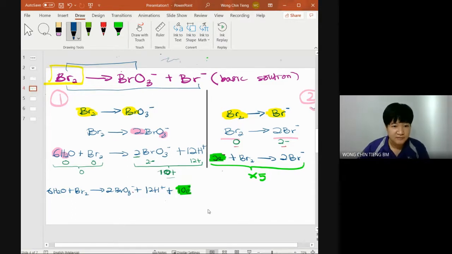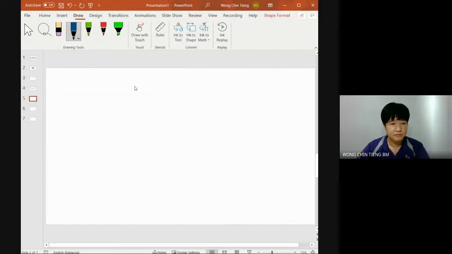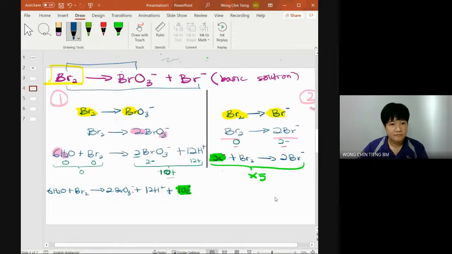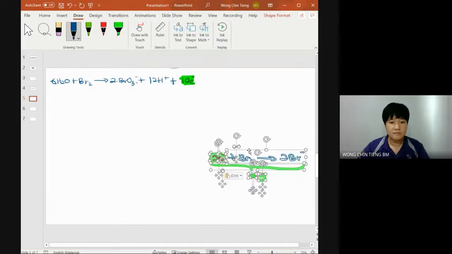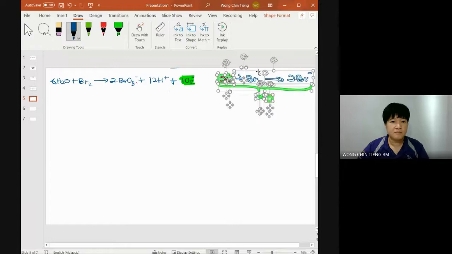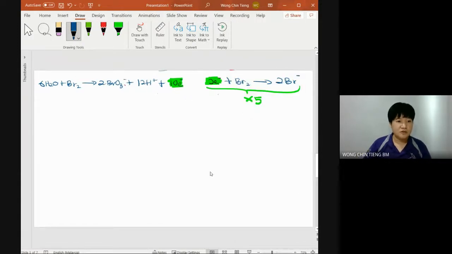Okay? And cara yang Miss Wong akan buat adalah kamu buat. Saya nak copy sana. Okay. So, make sure kamu darab semua orang dengan 5.